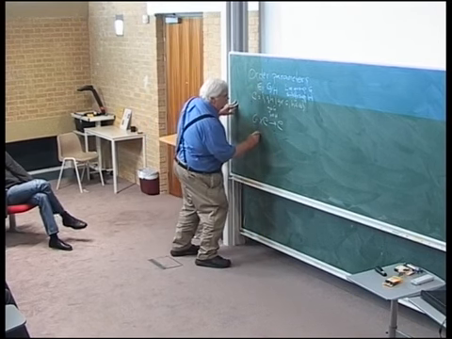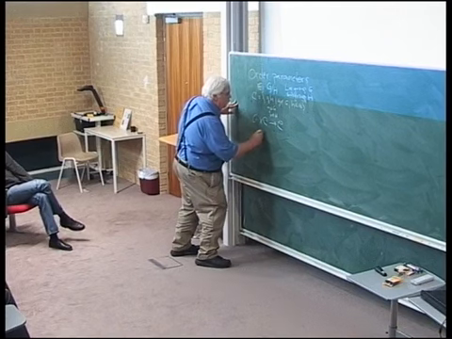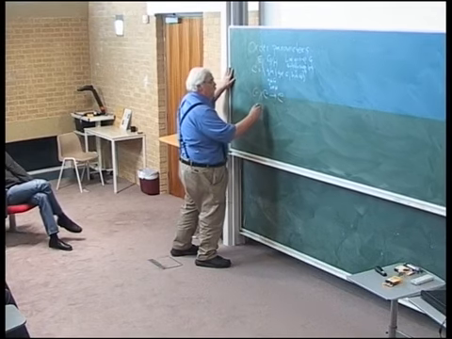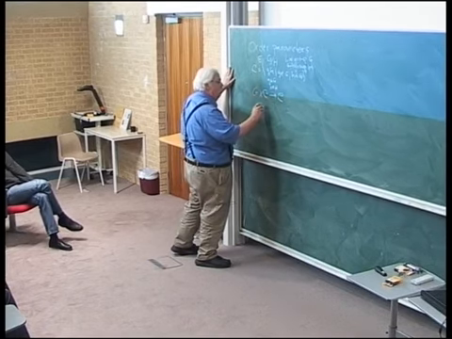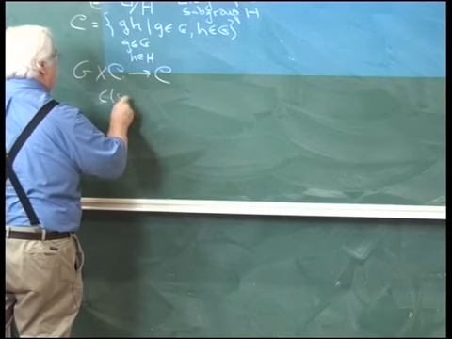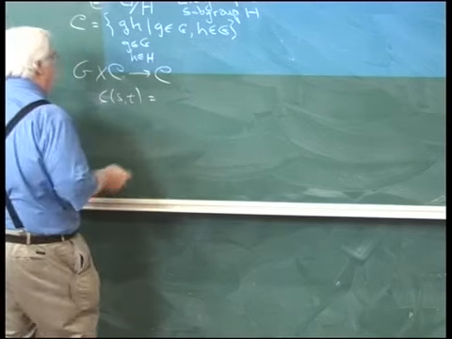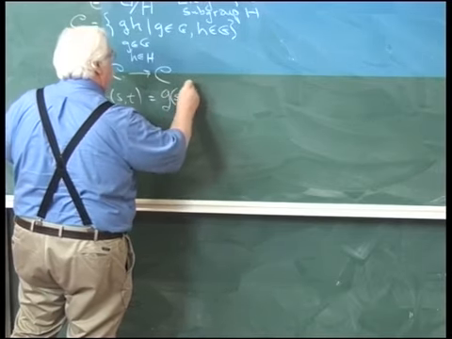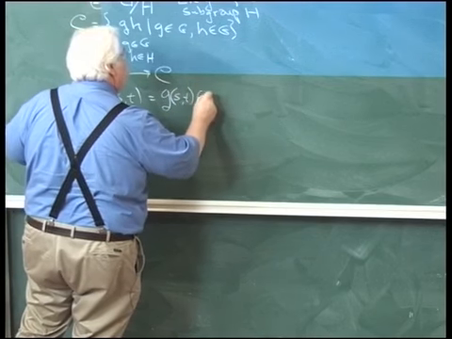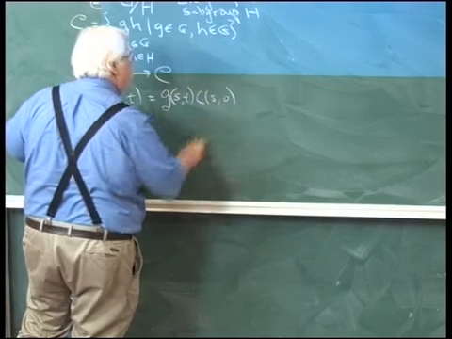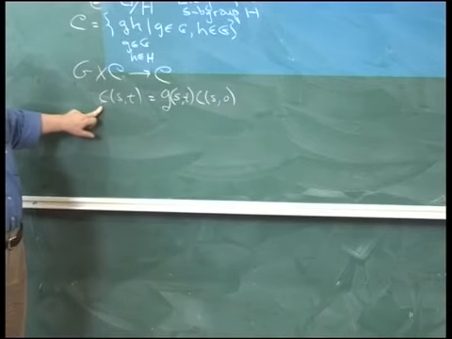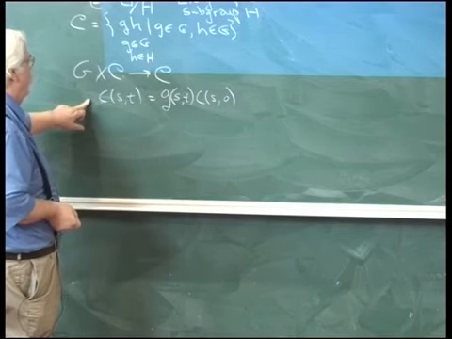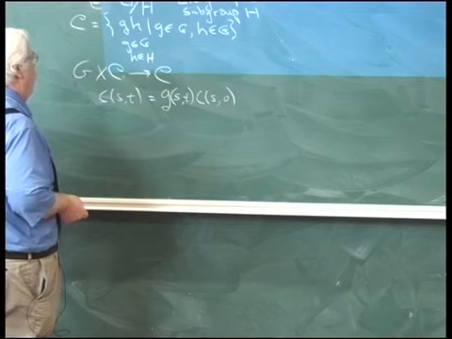So what we'll say is that C in a coset space, depending on space and time, is equal to some element of our group, depending on space and time, acting on the initial condition for C. Okay.